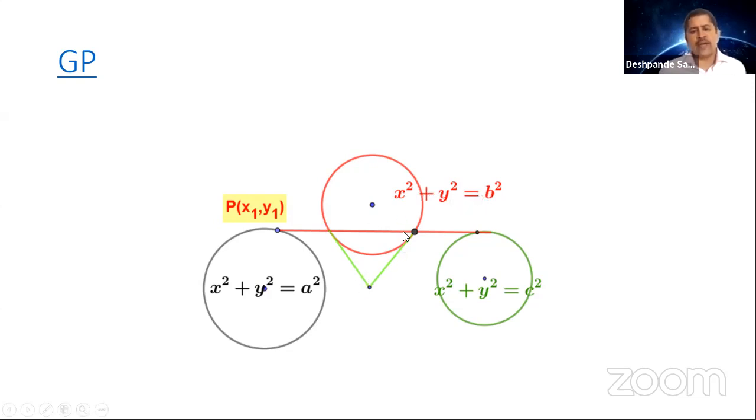What is a polar? It is something like the point of intersection of tangents. But because this is a chord of contact, we can call this a polar. Now this polar is also touching the third circle. The third circle is x square plus y square is equal to c square. So you are going to have the relation between a, b, c. Understand this properly.